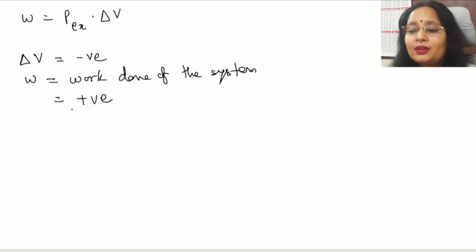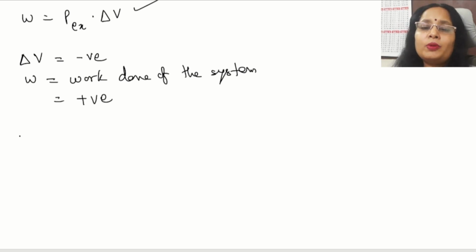Okay. So what change do we need to make in this equation so that W will be positive?